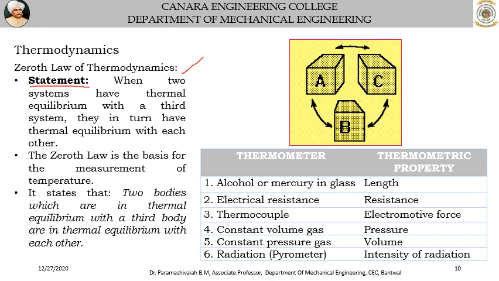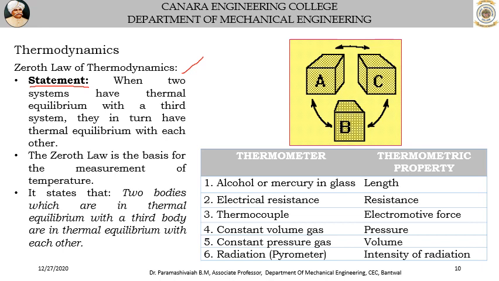If temperature is different, then only heat flows from high temperature system to low temperature system. Then if A is in thermal equilibrium with B, then these two are at same temperature. No heat transfer takes place between A and B.